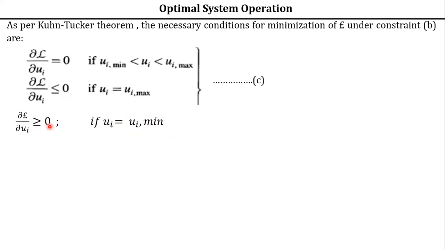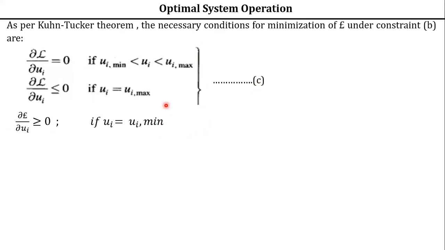Clear? So these are the three Kuhn-Tucker conditions, which are necessary conditions. As I told you, they may be asked in competitive examinations. So what are the Kuhn-Tucker conditions for an inequality constraint on a control variable? You should write these three conditions. Understood? All these three equations I am representing as C, even though I have shown the bracket till this point, this C also includes this point.